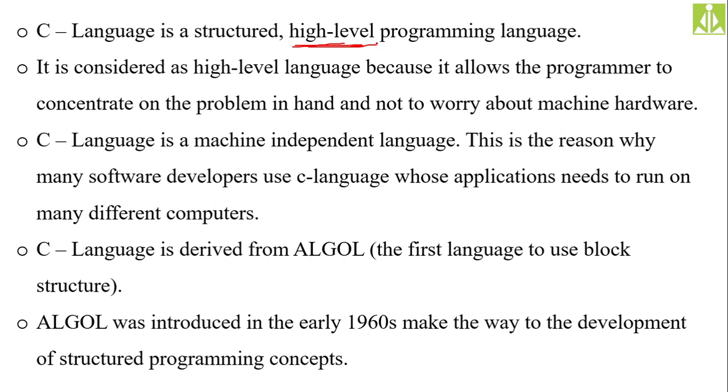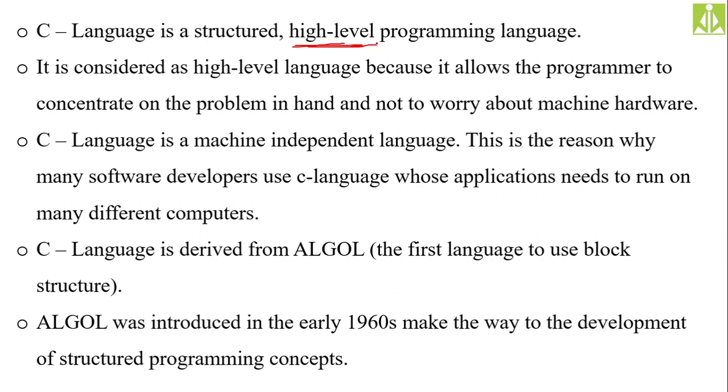As we might have discussed in the language evolution, there we discussed three different types of programming languages: machine language, symbolic language and high level programming language. In machine language the entire concentration of the programmer is on the machine, so according to the machine only, the programmer writes the instructions in machine programming language.